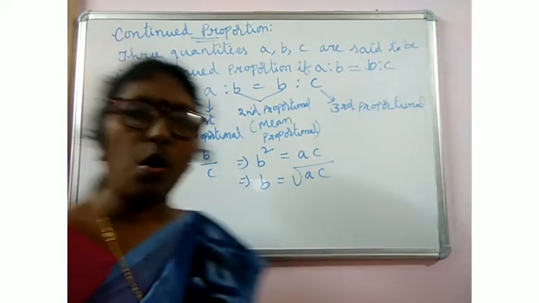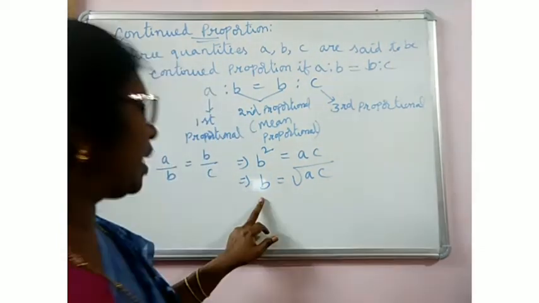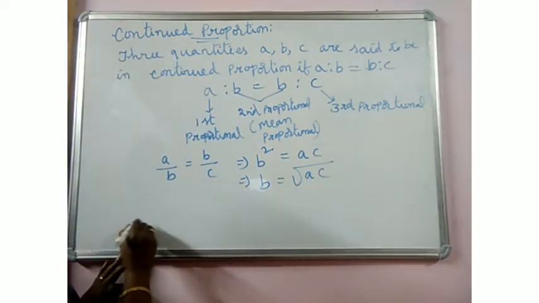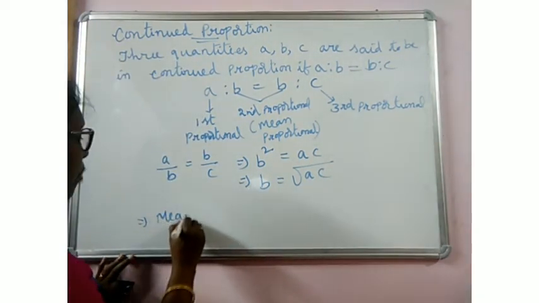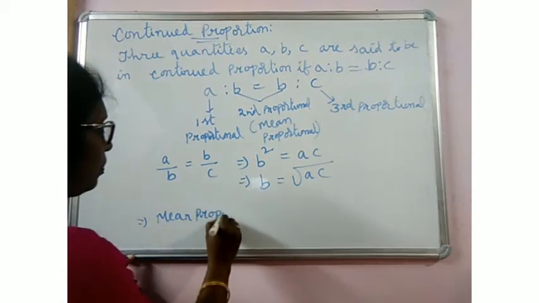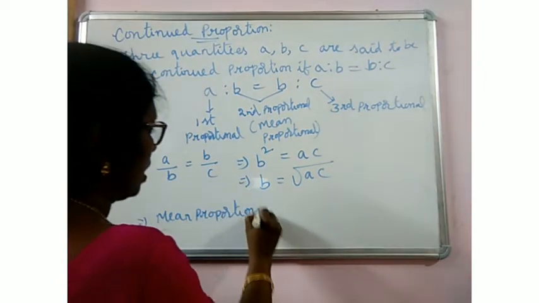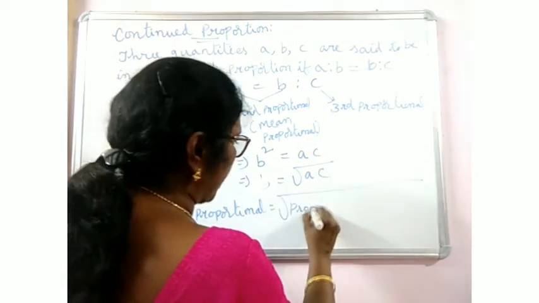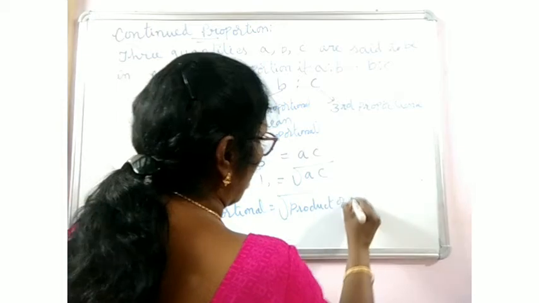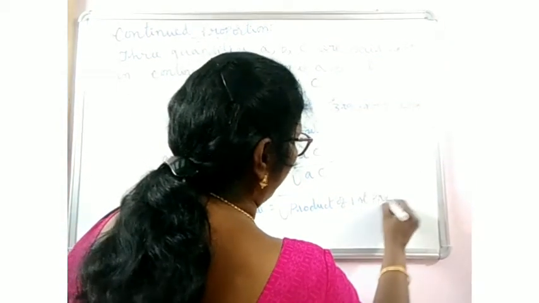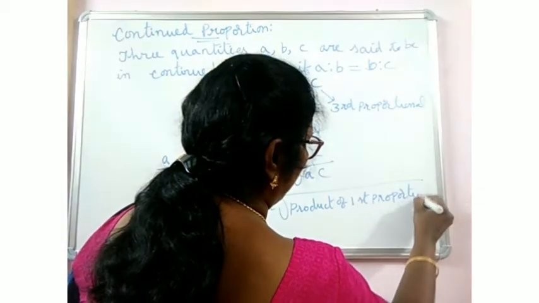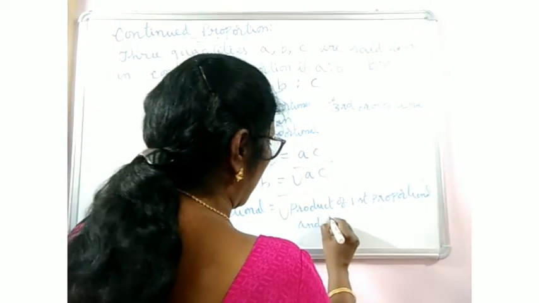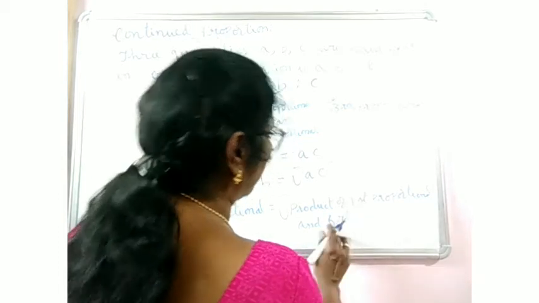B is the mean proportional, equal to the square root of the product of the first proportional and the third proportional.